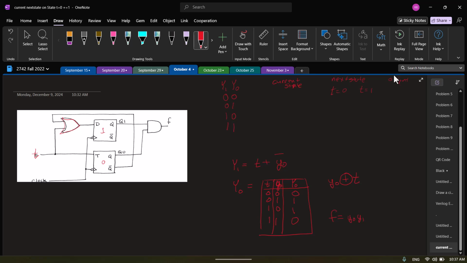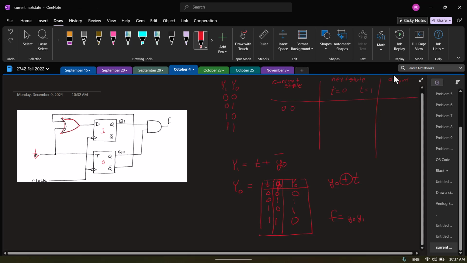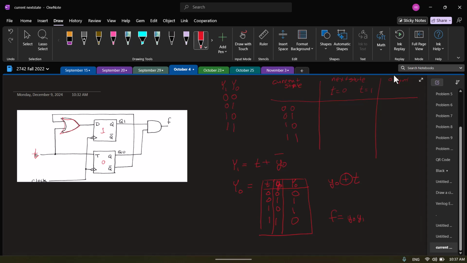Notice the output doesn't depend directly on the input, so this is a Moore machine. Okay, and this would be y1, y0, y1, y0, and this is F.